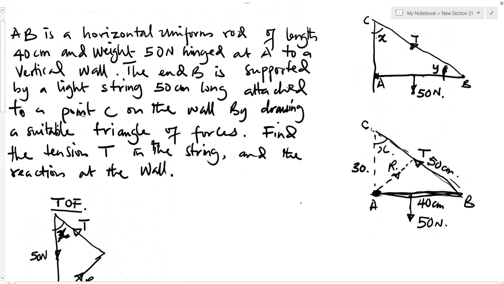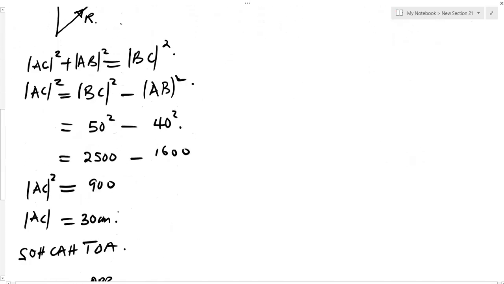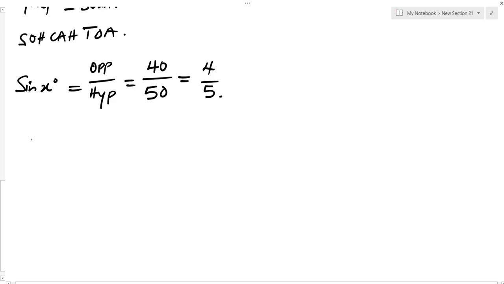So the opposite to angle x is 40. So you have 40 all over, the hypotenuse is 50. So this is 4 all over 5 as sine x is 4 all over 5.